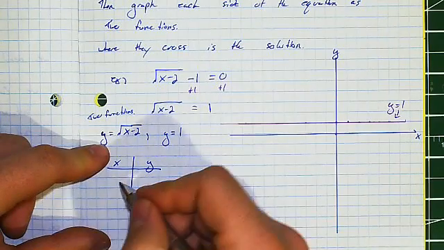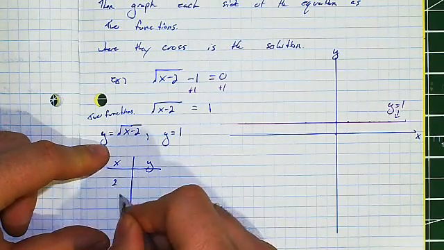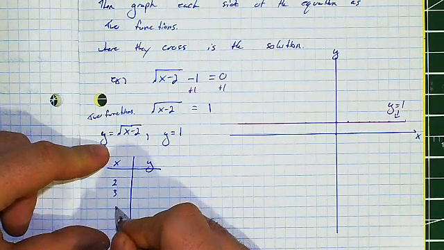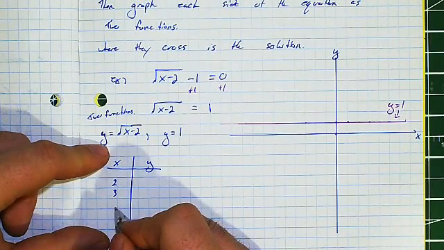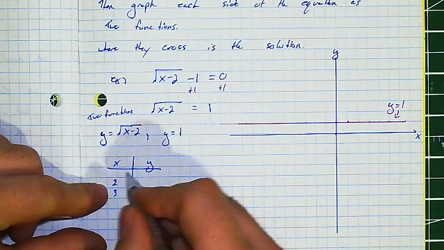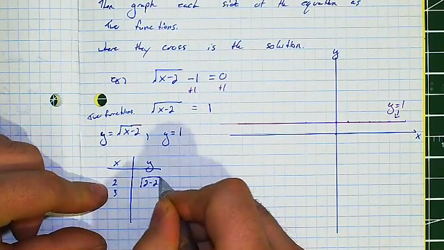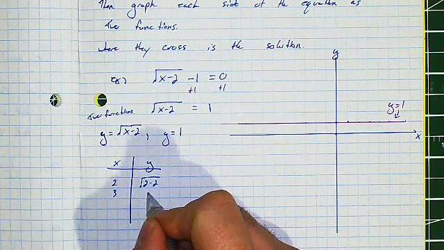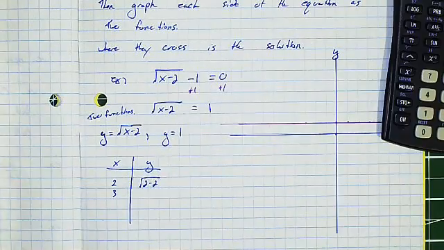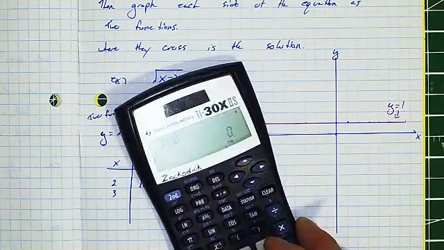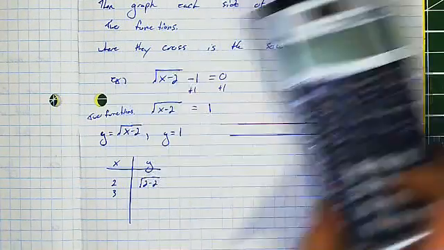So if I say 2, 3, and what's a good one? I will start there. So when x is 2, I'm going to have 2 minus 2 and the root of that. So 2 minus 2 is 0. The root of 0 is 0.